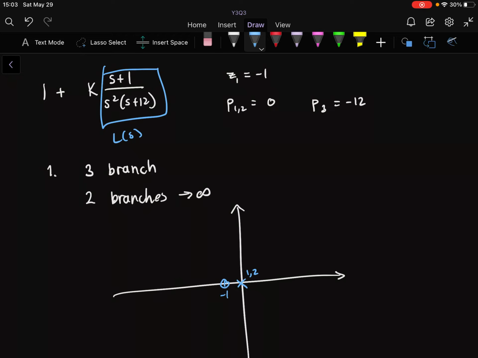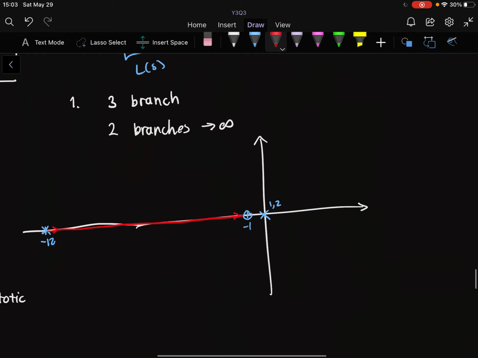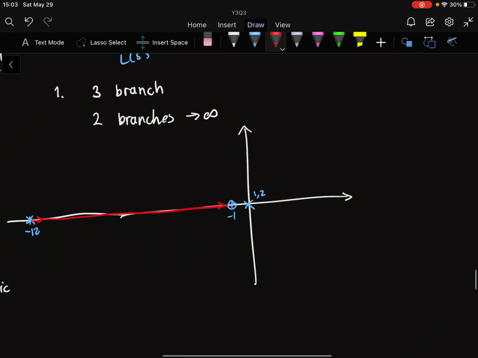Zero at -1, and then way off to the side, we've got a pole at -12. That's probably not to scale, but close enough. And same thing as before, this line is definitely going to be included in our root locus, and it will exit from here and enter here, but there might be some weird behavior in between because it's so long that we're just going to ignore that for now.